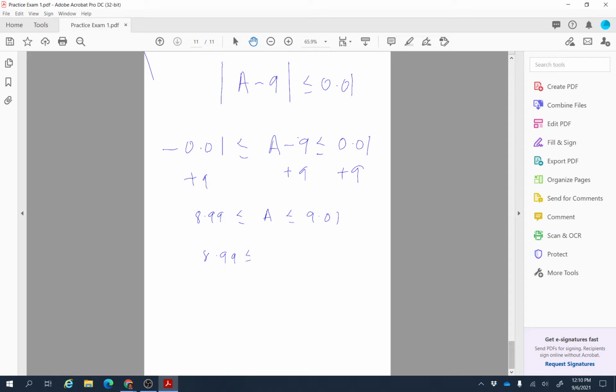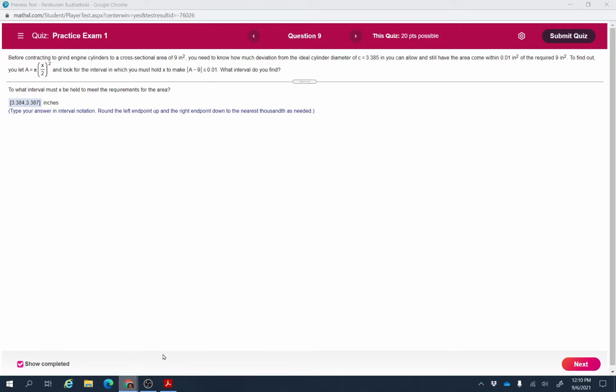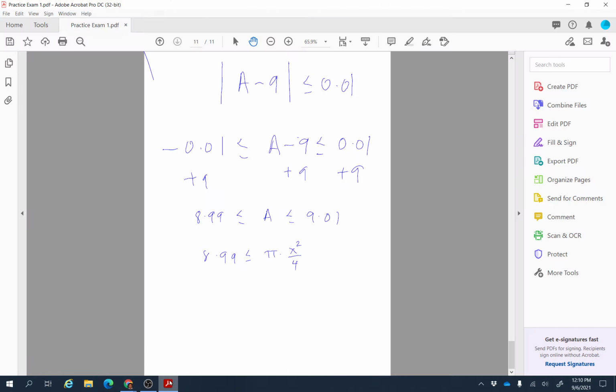But we know A is pi x squared divided by 4. If you remember, the formula we were given is A equals pi times x squared over 4, and it lies between 8.99 and 9.01. Just try to find x by simplifying this. So I'm going to multiply everything by 4.